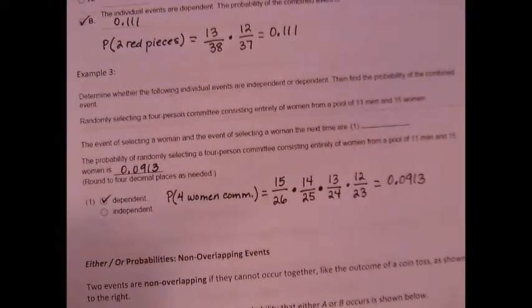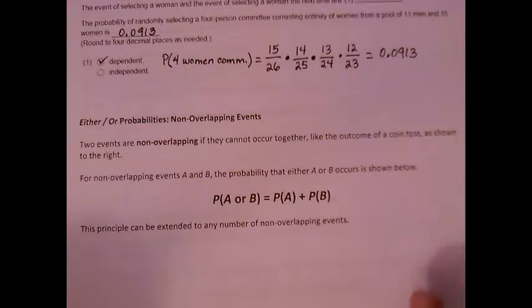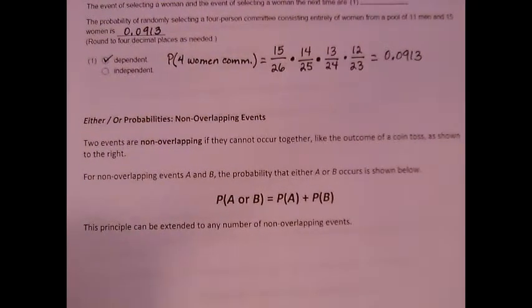Alright, next we're going to look at either-or probabilities, and these are non-overlapping events. 2 events are non-overlapping if they cannot occur together, like the outcomes of a coin toss as shown to the right.